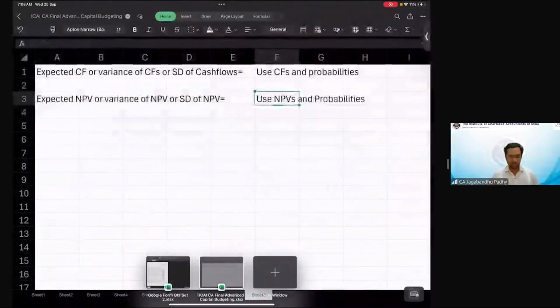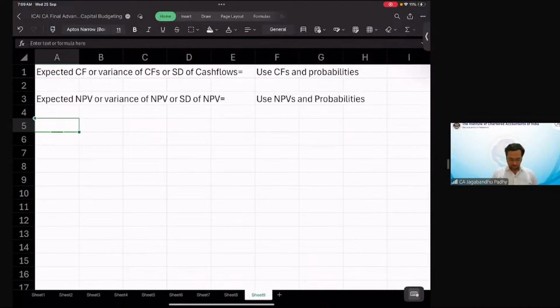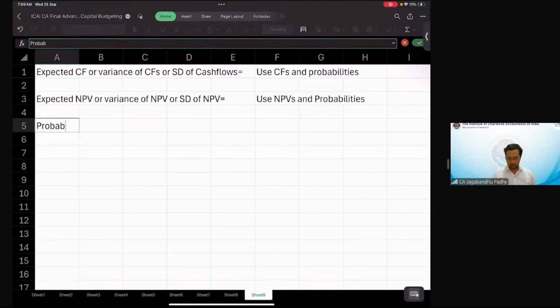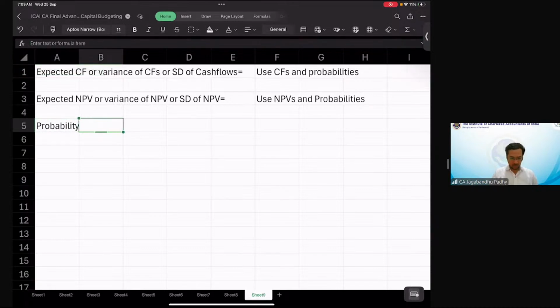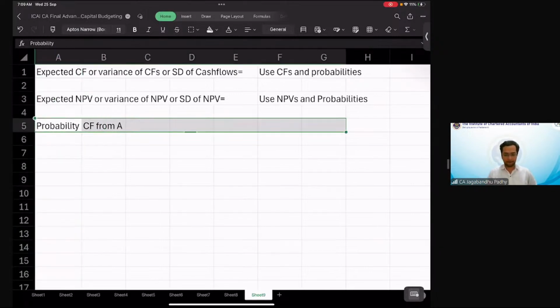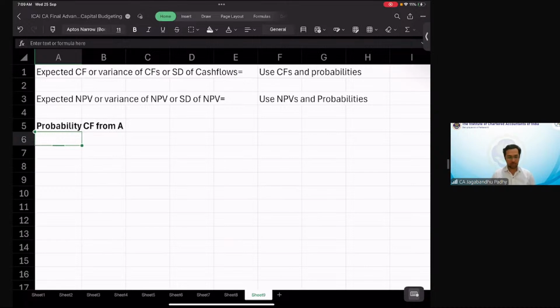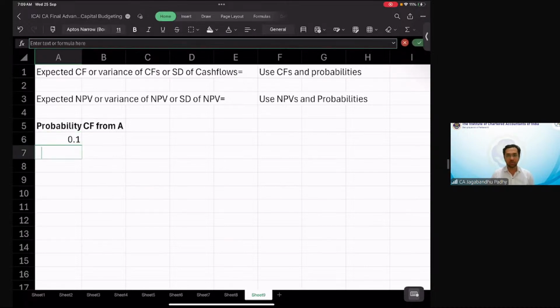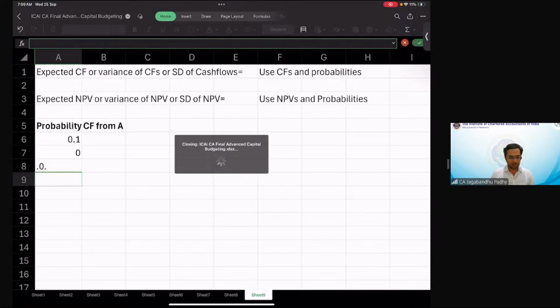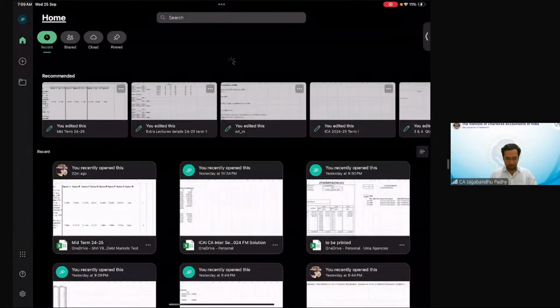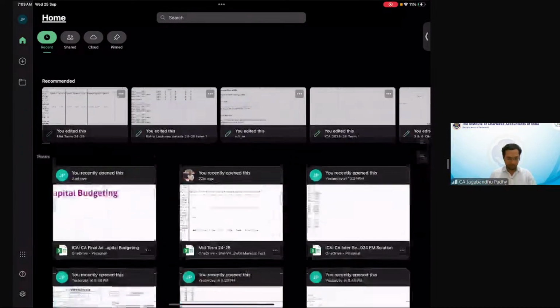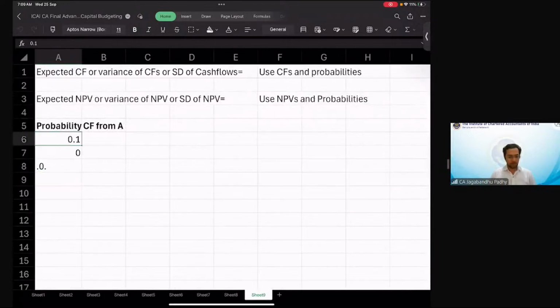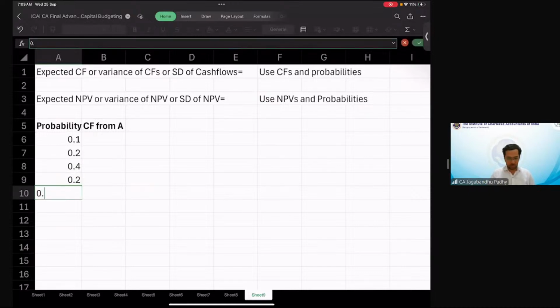Let me just write this data quickly. We have probability and cash flow from A. So we have 0.1 as the probability, then 0.2, 0.4, 0.2, and 0.1.